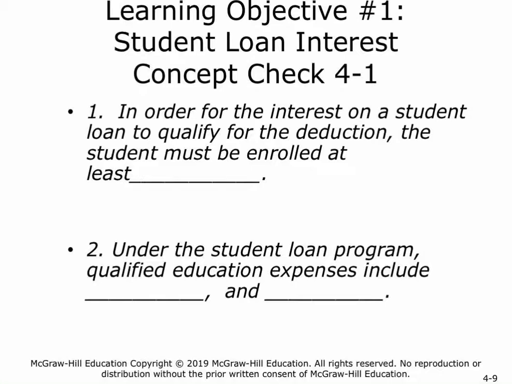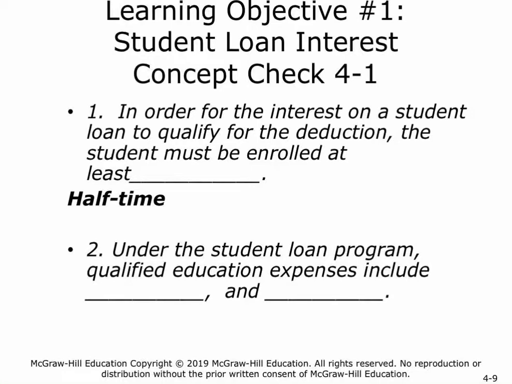Looking at the concept check, concept check 1, in order for the interest on a student loan to qualify for the deduction, the student must be enrolled at least half-time. So if it was 12 hours for a semester to be full-time, the student must be enrolled 6 hours for that semester to be considered half-time.